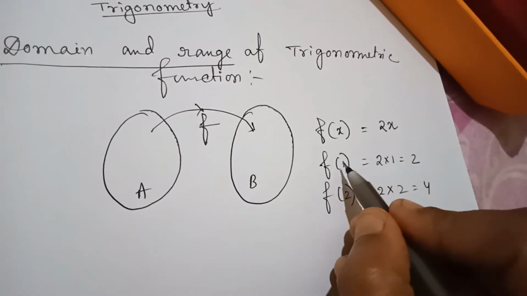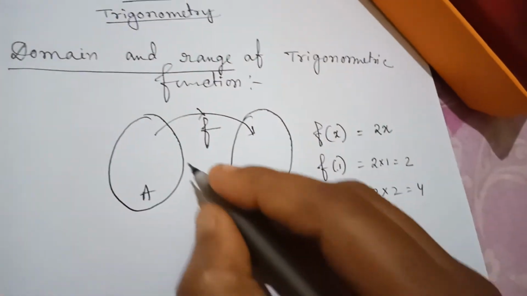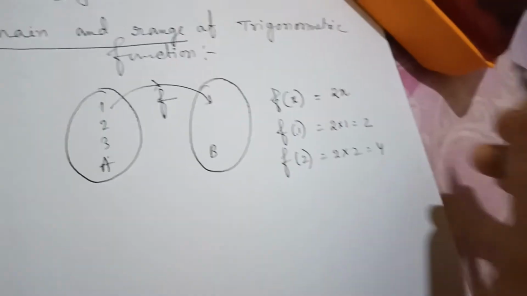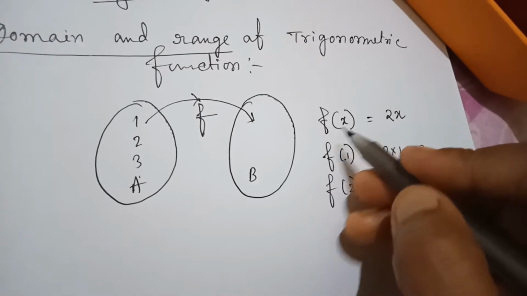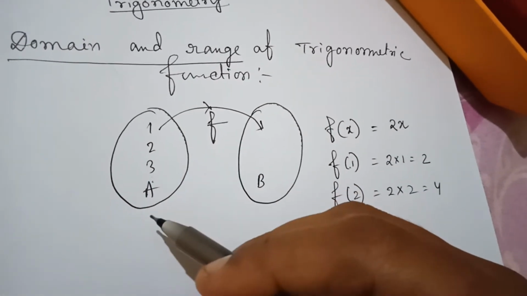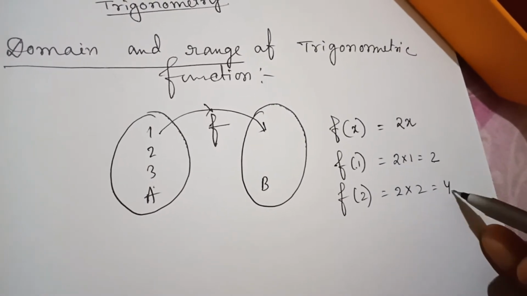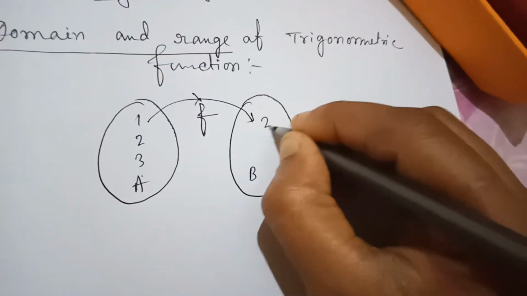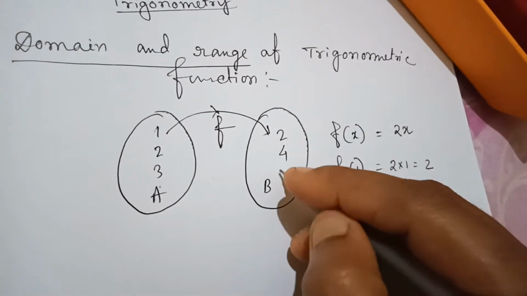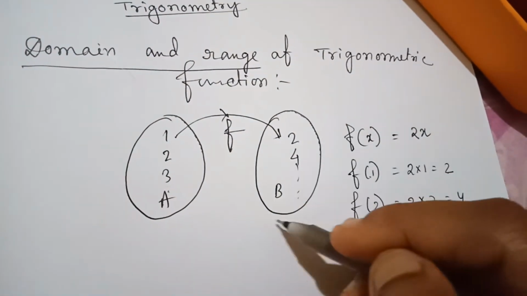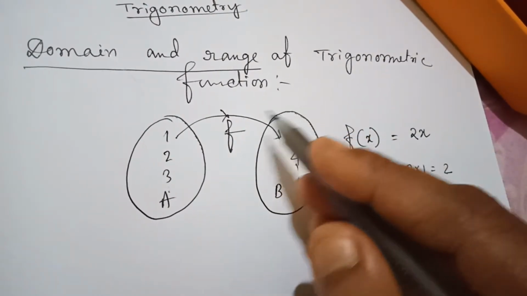It means whatever we take in place of x belongs to the set A, and the results we are getting, like 2, 4 and so on, are the elements of the set B. So this set B is the range set of f.